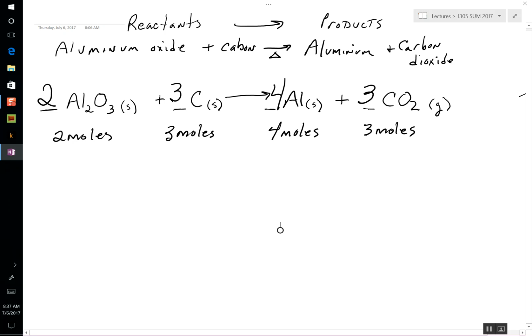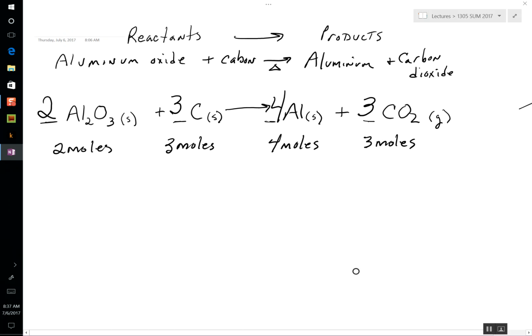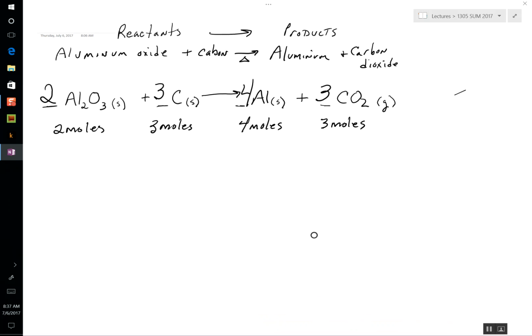Okay, what we have in this balanced chemical equation is that you get 4 moles of aluminum for every 2 moles of aluminum oxide. That's what those coefficients are telling you. You get 4 moles of aluminum for every 2 moles of aluminum oxide.